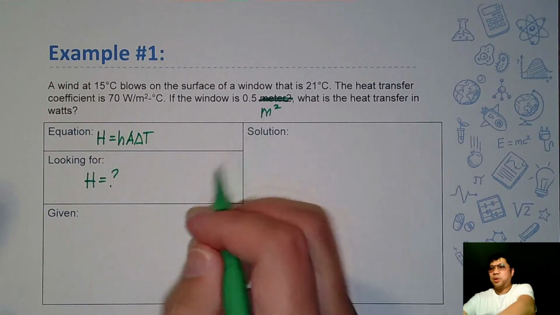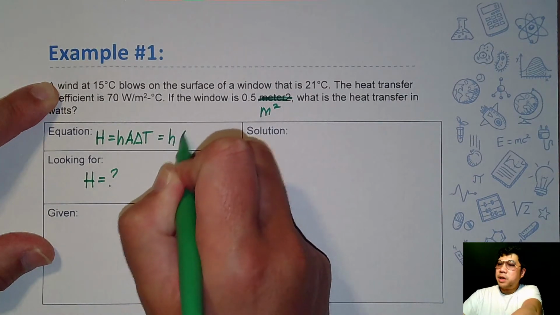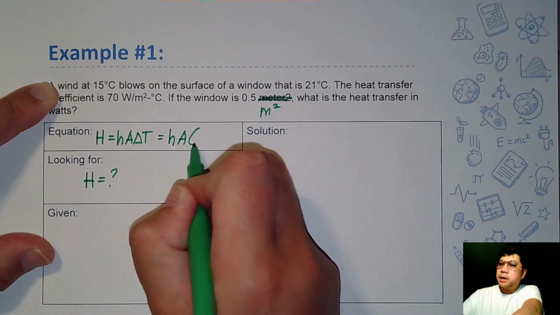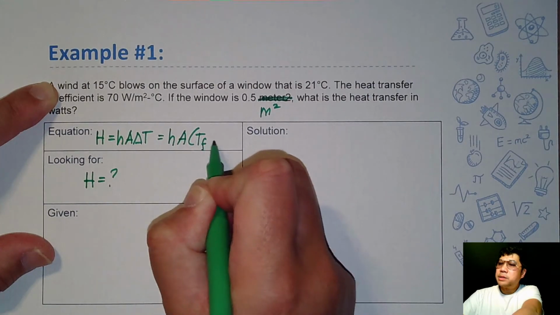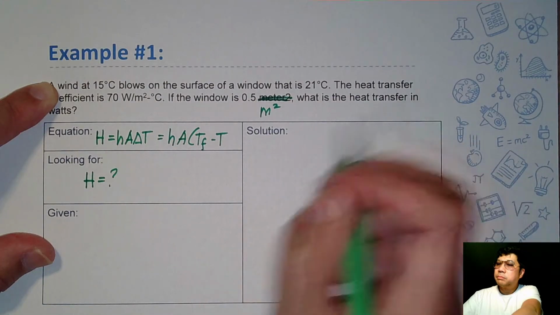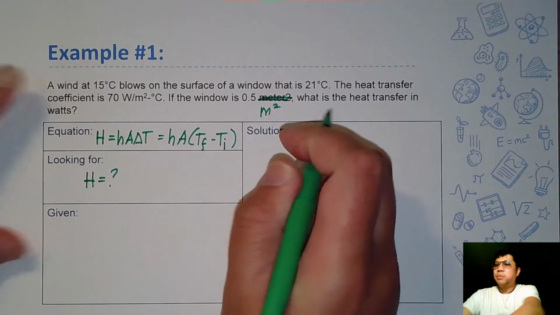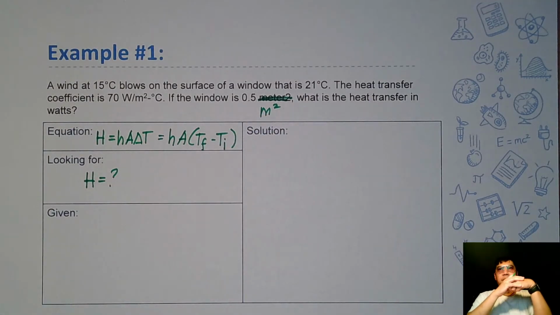Or we can further simplify this into lowercase h multiplied by A, T final minus the initial temperature.